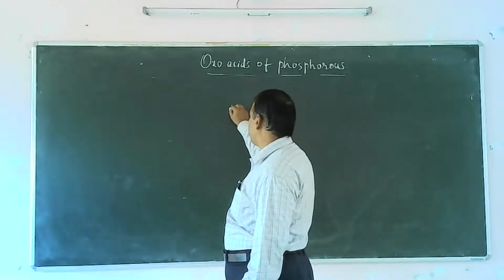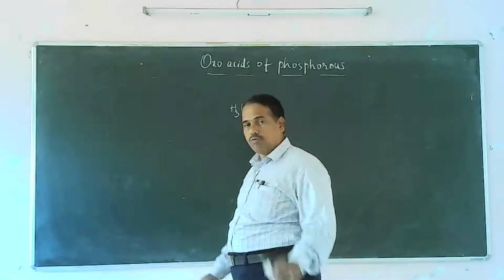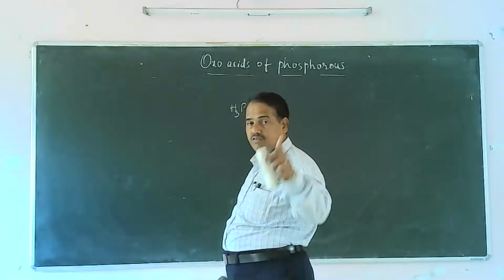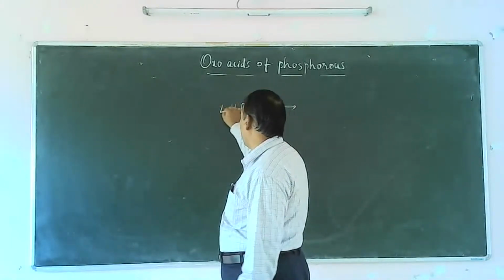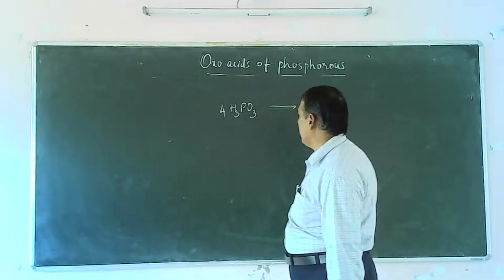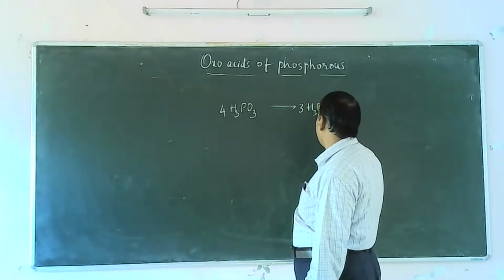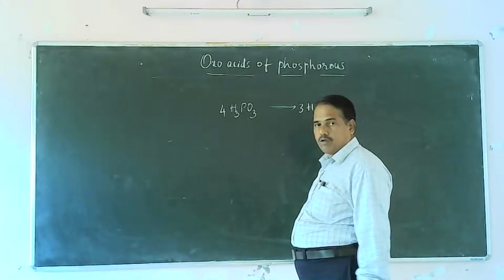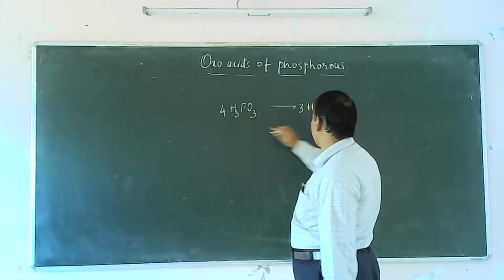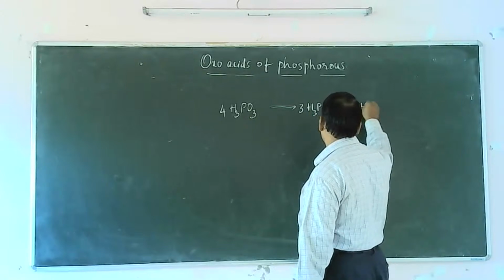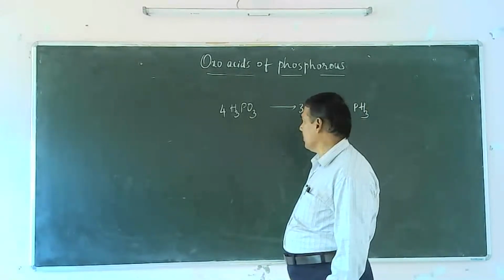See, take for example H3PO3, orthophosphorous acid. It disproportionates into phosphoric acid, 4H3PO3 giving 3H3PO4, and the other product. Are you clear?